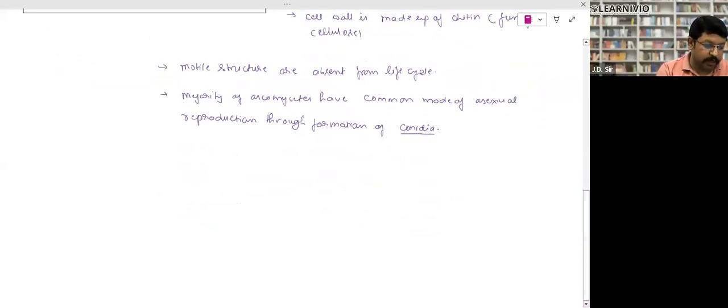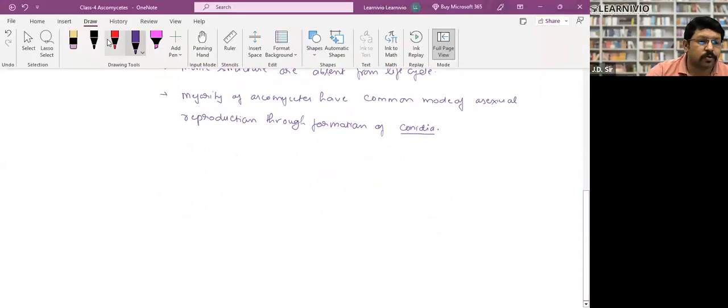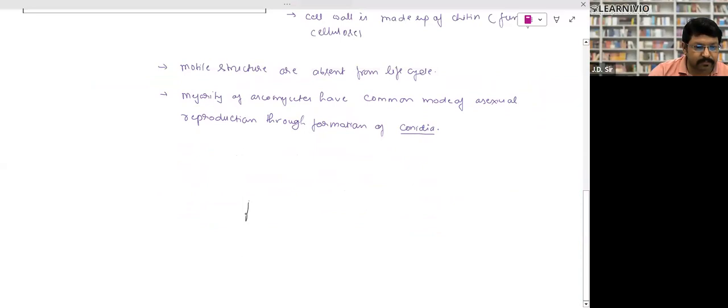Suppose it's a hypha of fungi, and it is septate or partially septate.